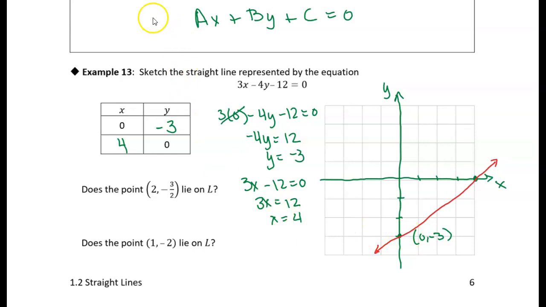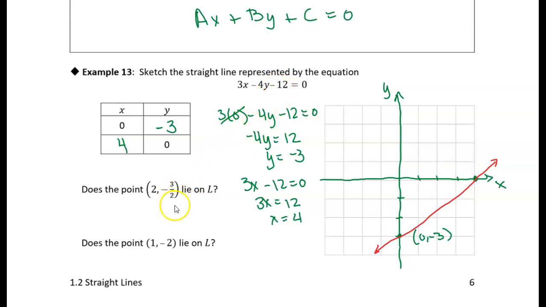All right. So now we might also be asked if a certain point lies on the line, and we can tell if a point is on the line if it satisfies this equation, right? Because essentially this line is a set of all the points that satisfy that equation. So all I need to do is plug in this x and y value and see whether the equation is true.